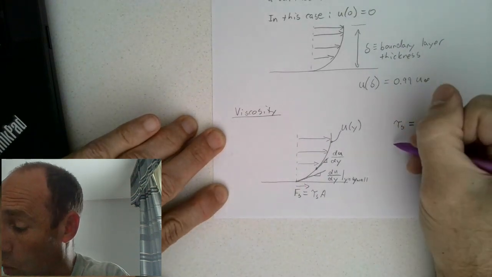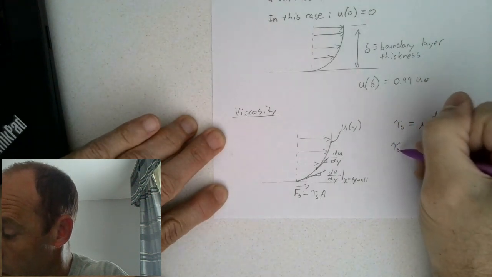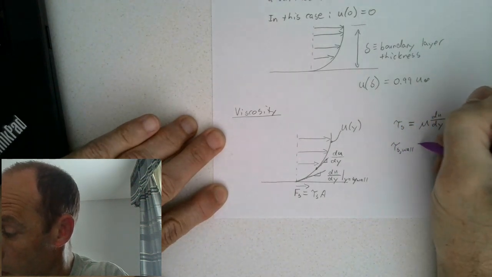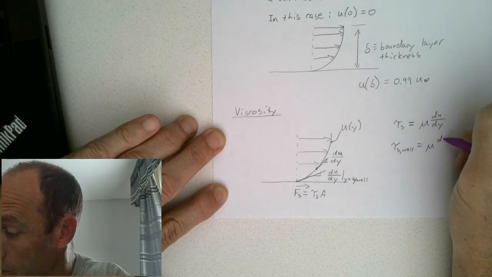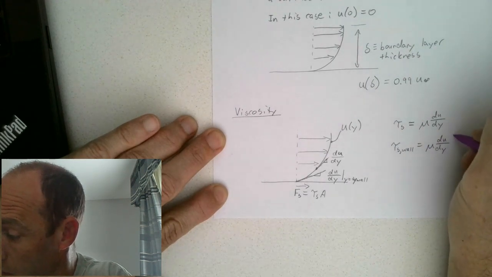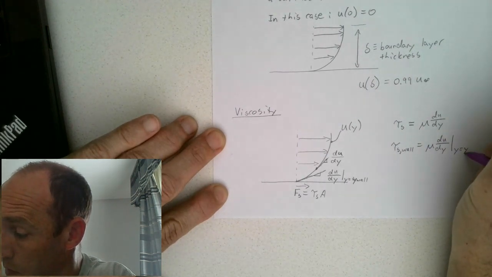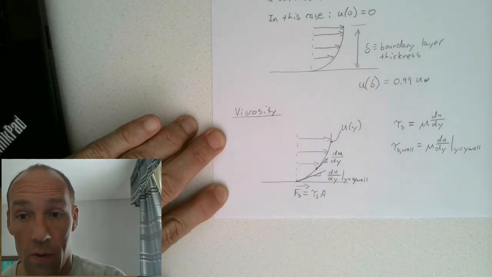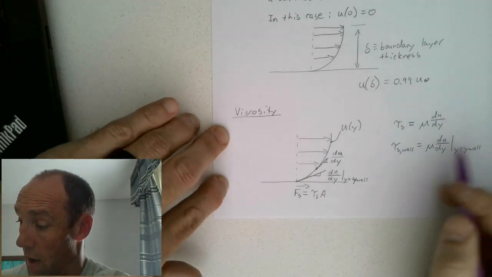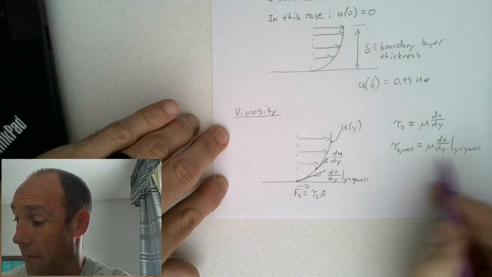And then at the wall, I just evaluate this gradient at the wall.